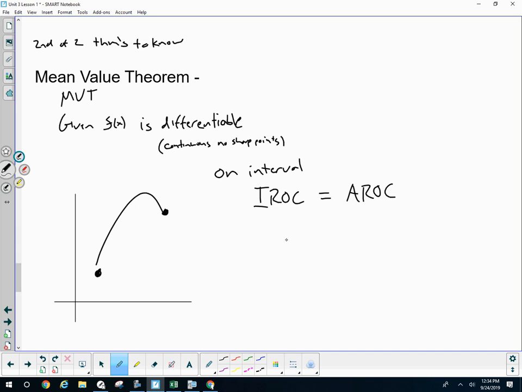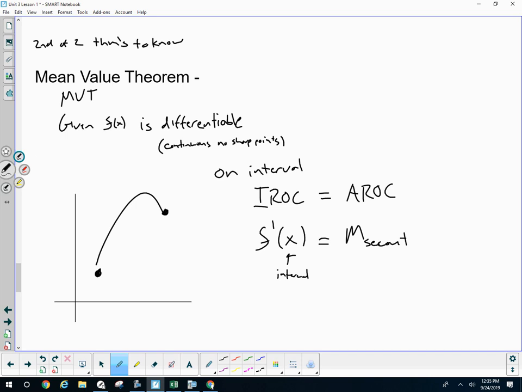Now we know instantaneous rate of change is another word for tangent slope. We know that there will be a tangent slope somewhere that equals the average rate of change being the secant slope. There's some location on your interval where your tangent slope will equal your secant slope.